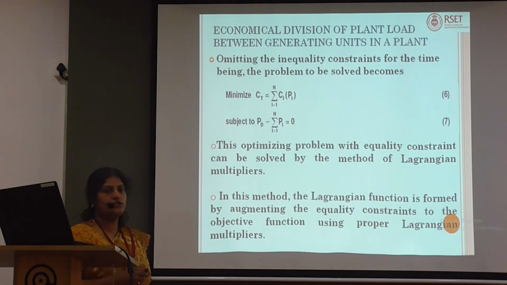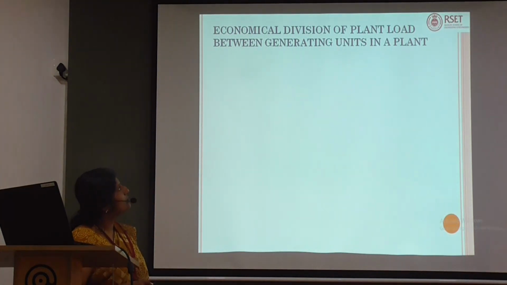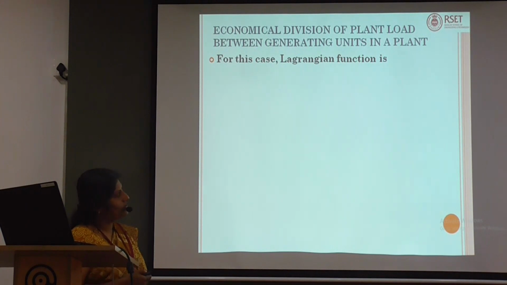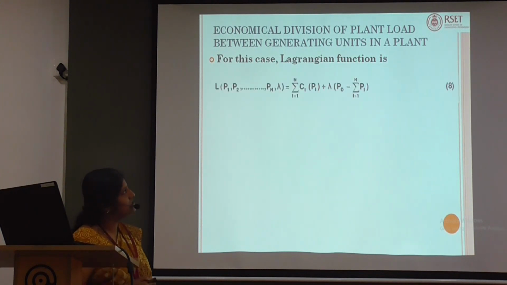So we have to see how to define a Lagrangian function in the Lagrangian multiplier method. This Lagrangian function can be formed by augmenting the equality constraint to the objective function using a proper Lagrangian multiplier. The Lagrangian function is defined in terms of all your n plant generations, P1, P2 till Pn, and lambda, which stands for your Lagrangian multiplier.